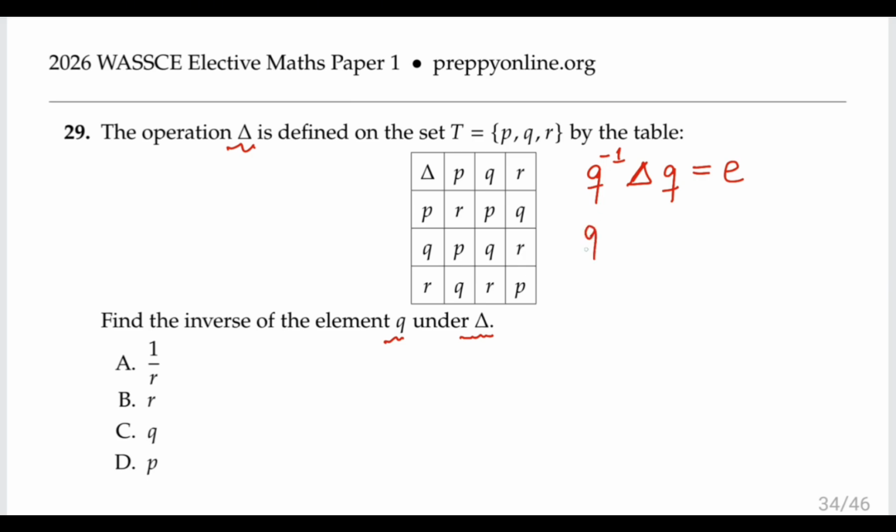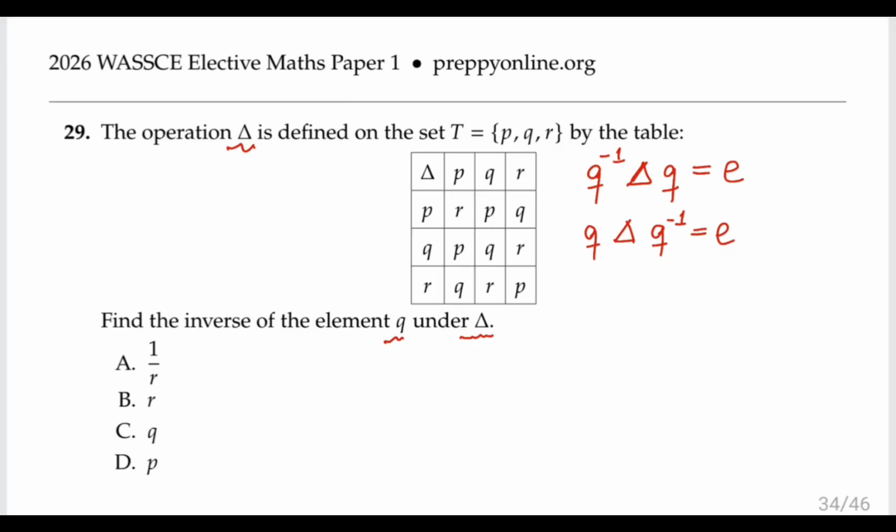And when you take it the other way also, when you now take it this way, you still get that special element called the identity. And the identity is the element that when it's applied to another member of the set, it doesn't change it.